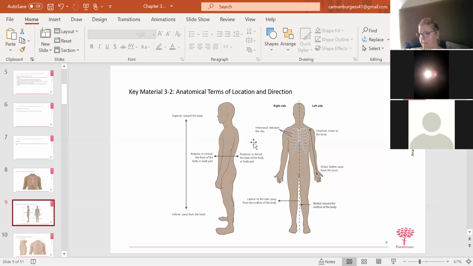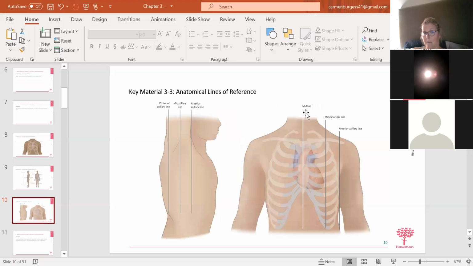So we talked about midline, the lines of reference. Those are imaginary lines for your body. Cut your body straight in half, and that's your midline. That would cut your sternum straight in half. Your clavicle is your collarbone, so the mid-clavicular line is exactly what it says.